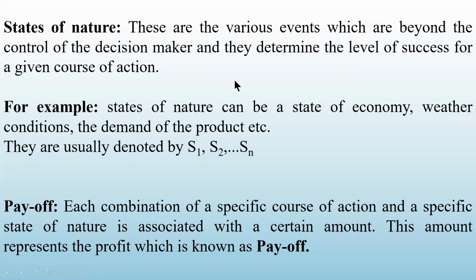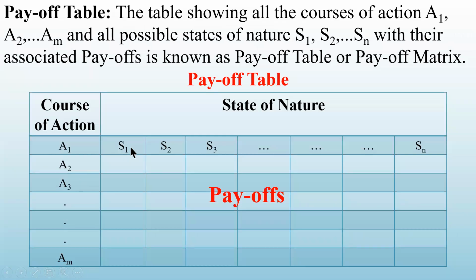And as per the demand, the level of success for that course of action depends upon how that particular event happens. So the states of nature are denoted by S1, S2, S3, Sn. Then each combination of course of action and state of nature gives rise to a profit.